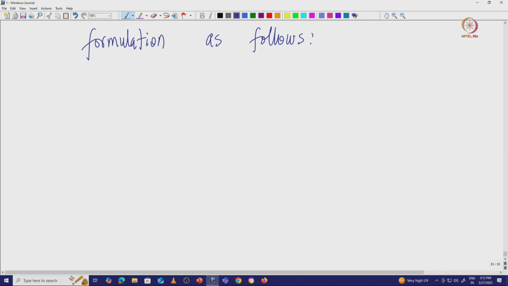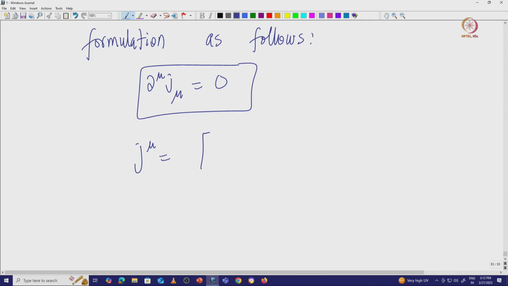If you write it in terms of 4-vectors, it becomes very simple. So this is your continuity equation, where J mu is defined as phi star del mu phi minus phi del mu phi star. This is the continuity equation in the relativistic sense.